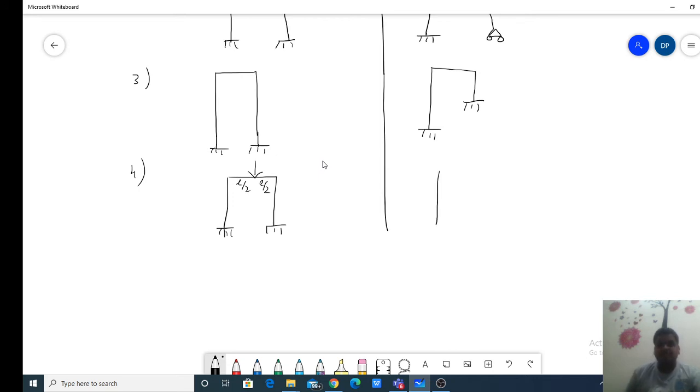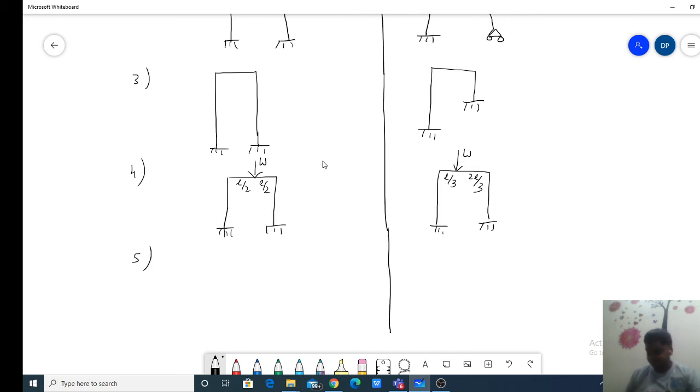But the same frame, if the load is provided at a distance of L by 3 and 2L by 3, the same will be considered a sway frame, only by changing the distance. Now one more example.